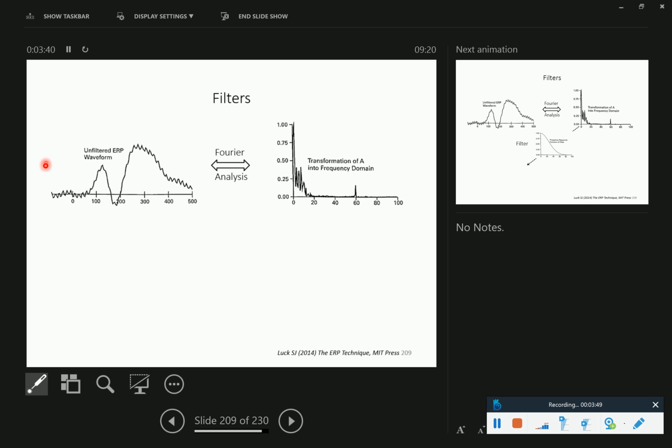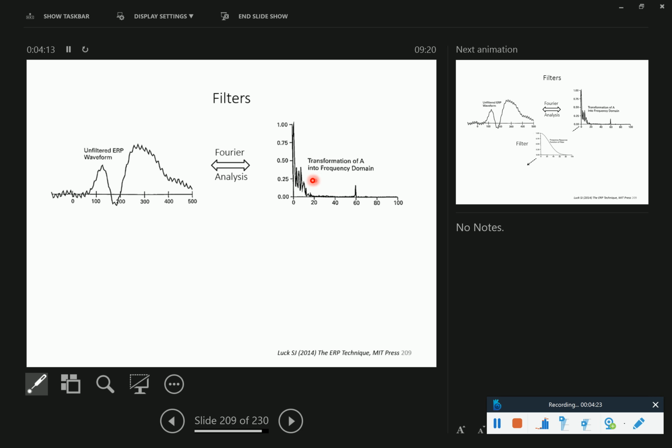Here you have an unfiltered ERP, so data from a single electrode, and you have voltage over time. Then the idea of Fourier analysis, as we discussed previously, is to transform this into the frequency domain, where you now have different frequency components on the x-axis, again referring to sine waves and how many cycles they do, and if you sum all of them up you get this back.